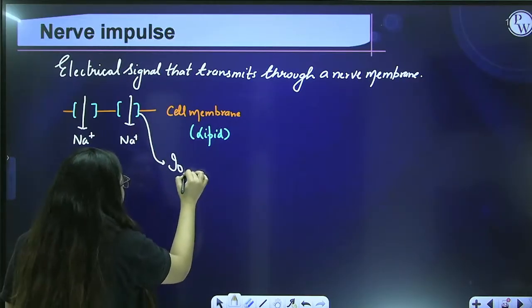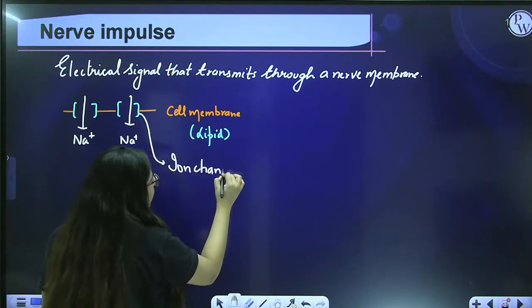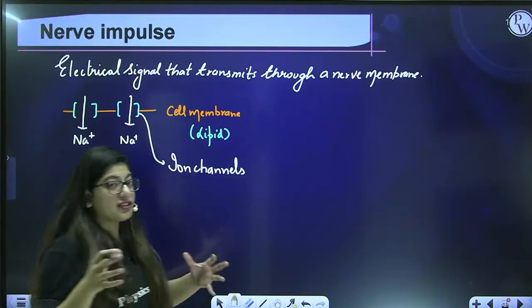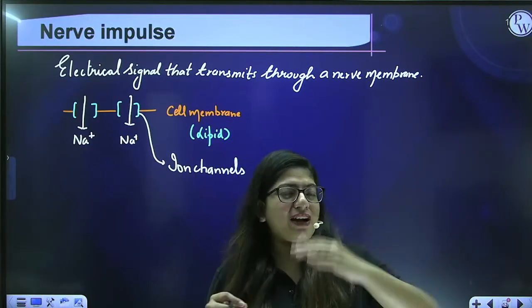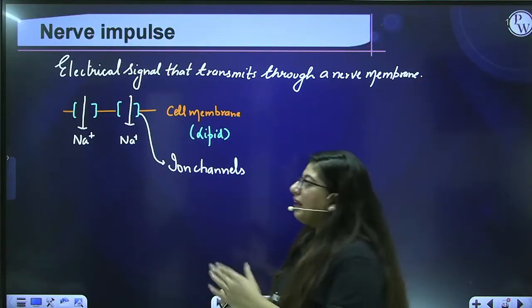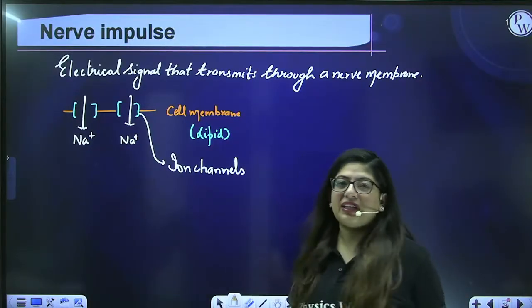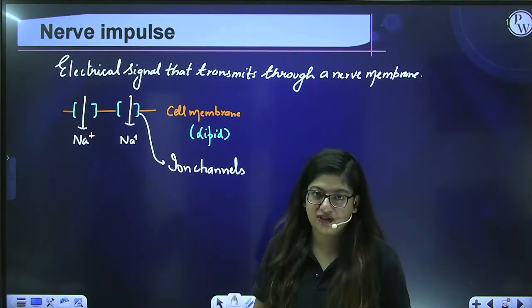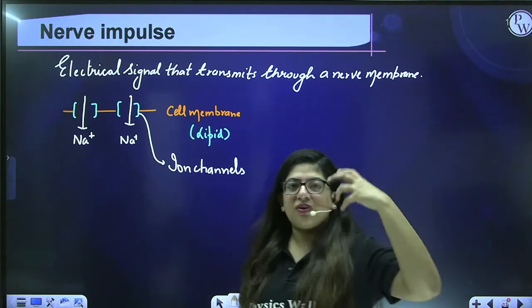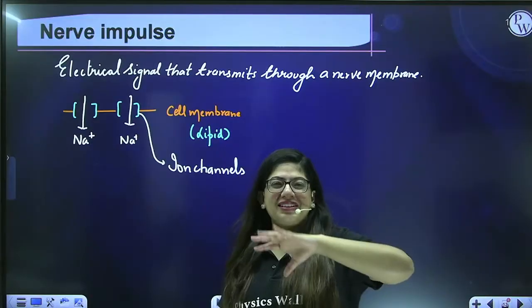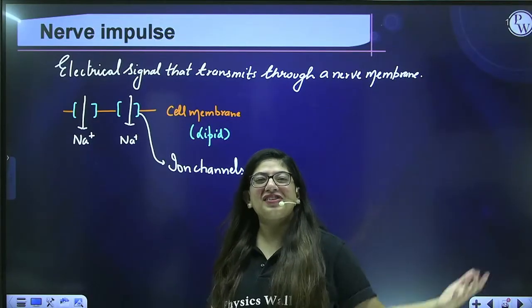So what are these? Ion channels are nothing but proteins. These are doors made up of protein across the cell membrane, and they allow the movement of ions, leading to the change in the charge and hence the voltage. You always detect the electric current in millivolts.